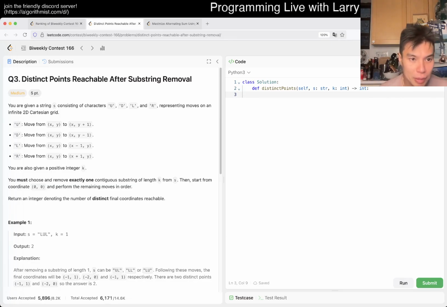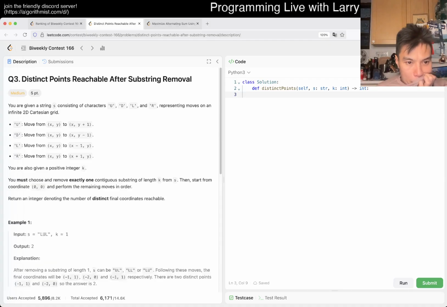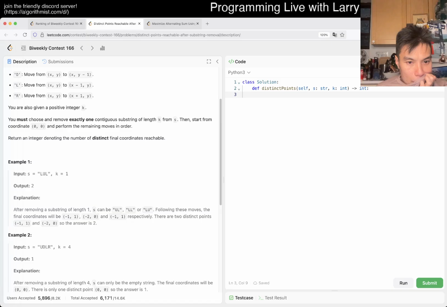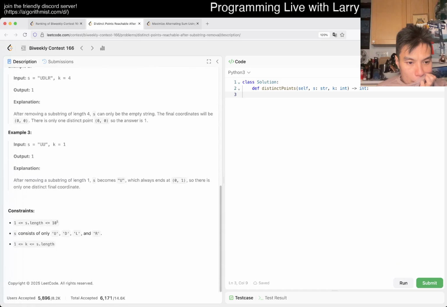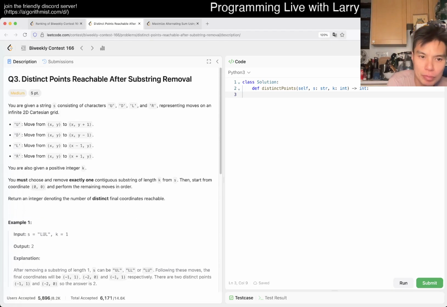Distinct points reachable after substring removal. Okay, you have do up, down, left, right. You're also given a positive integer k, you must choose and remove one contiguous substring of length k.